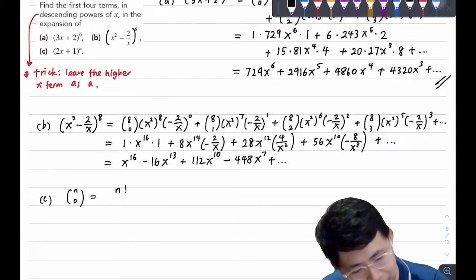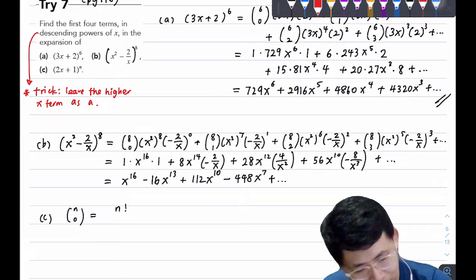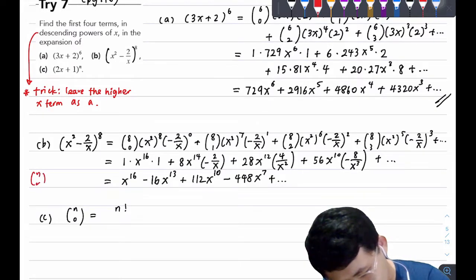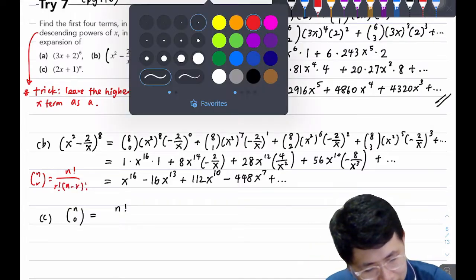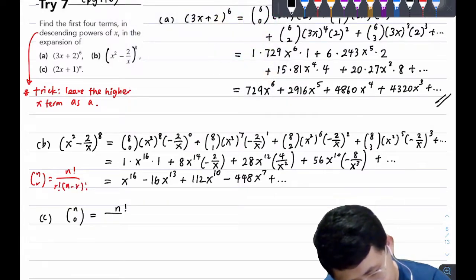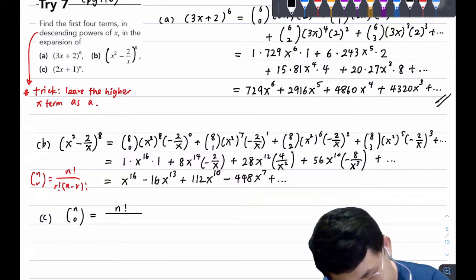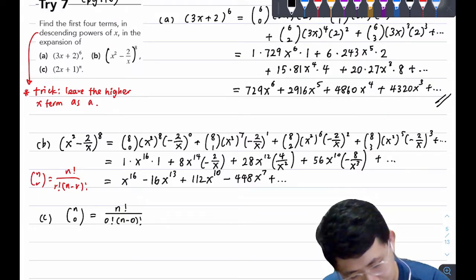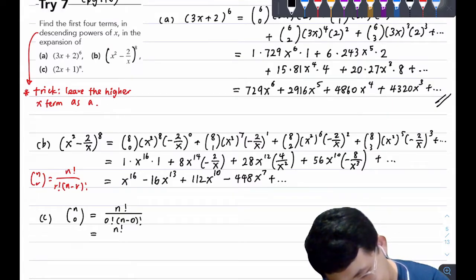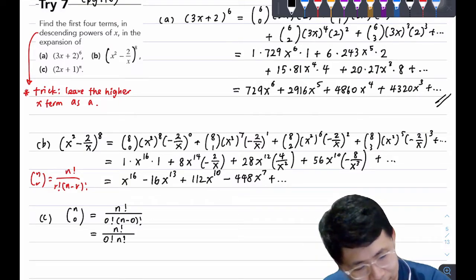Let's apply the formula where n choose r is equal to n factorial over r factorial times n minus r factorial. Applying it to n choose 0, I have n factorial over 0 factorial times n factorial.